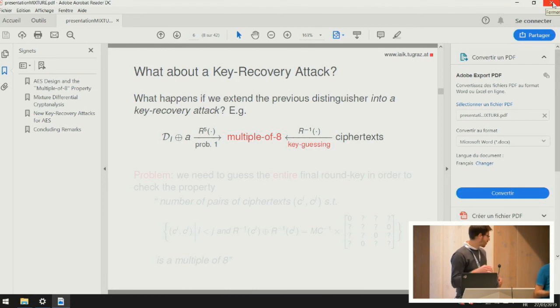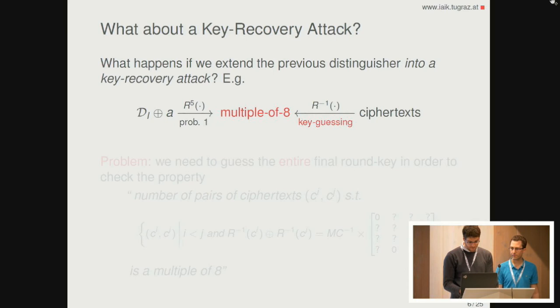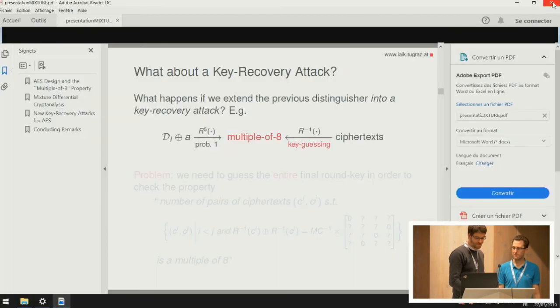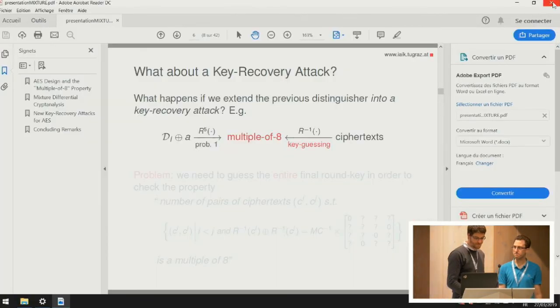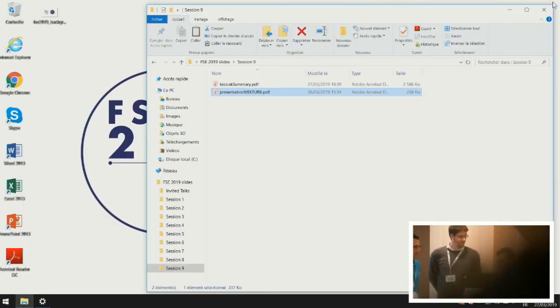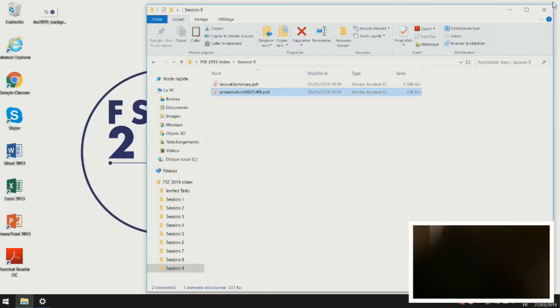Do you know how to extend to Control M? Okay, thanks. Thank you. Printer. You can plug it here. Okay.